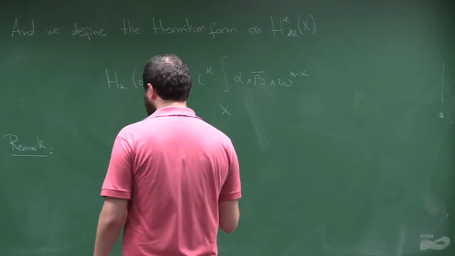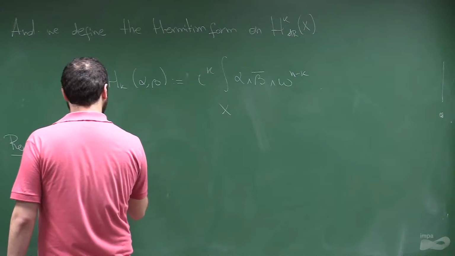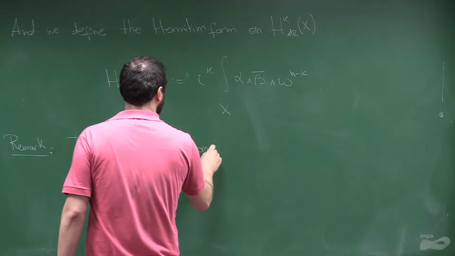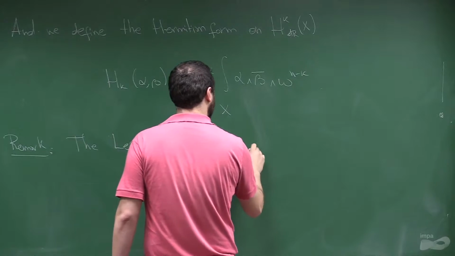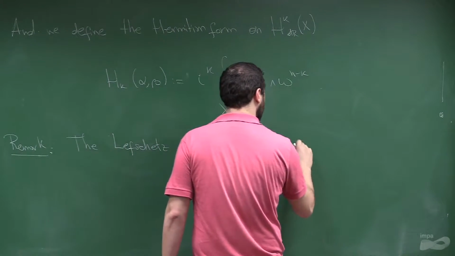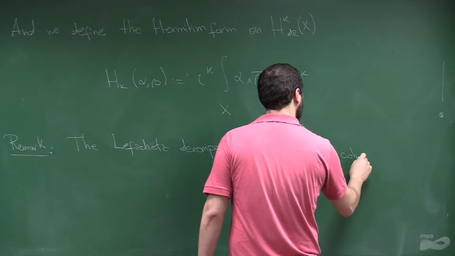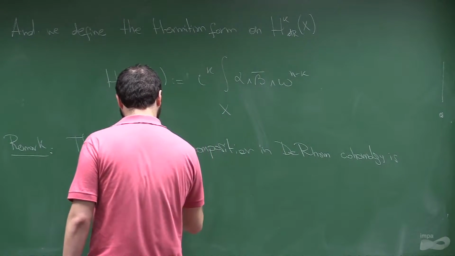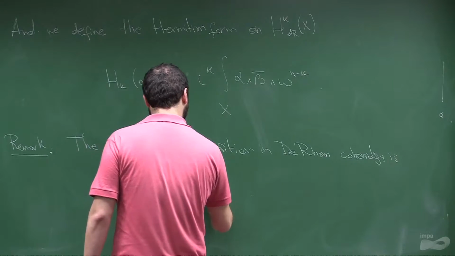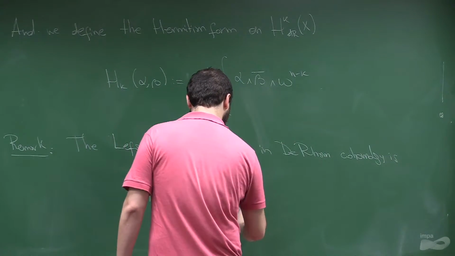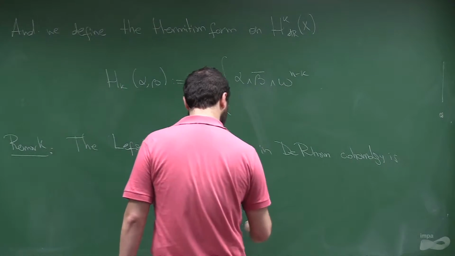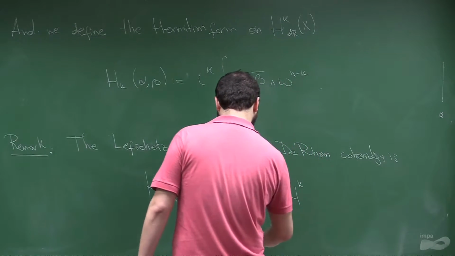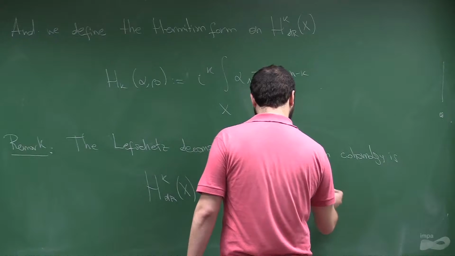And in cohomology, the Lefschetz decomposition is as follows: H^k de Rham is the direct sum over r less or equal than n of L^r applied to H^{k-2r}.